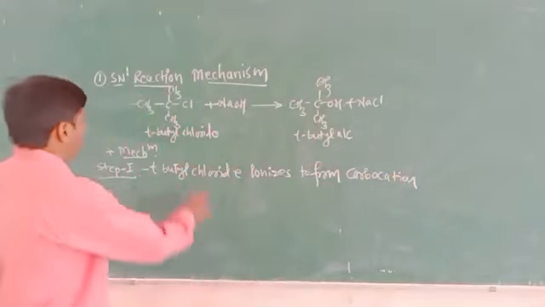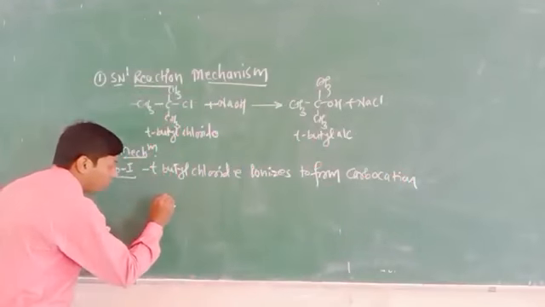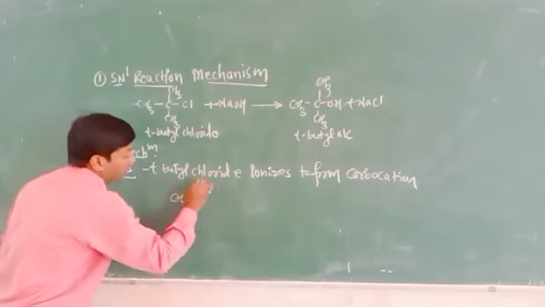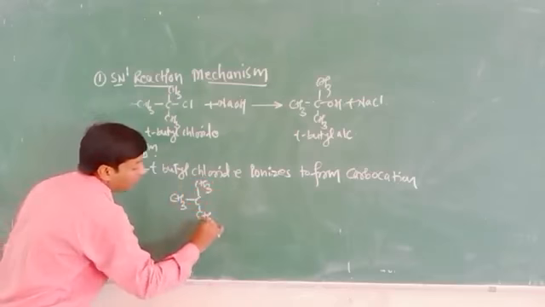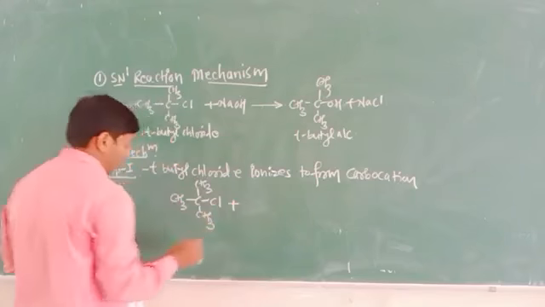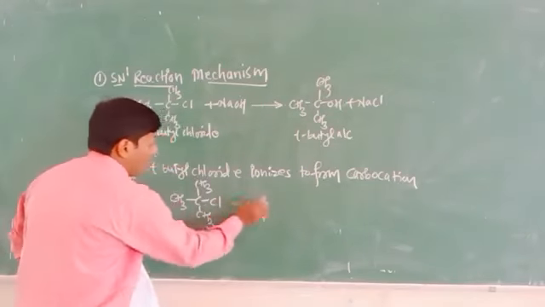So it is the tertiary butyl halide, (CH3)3C-halide, here the halide is Cl. It will undergo ionization.